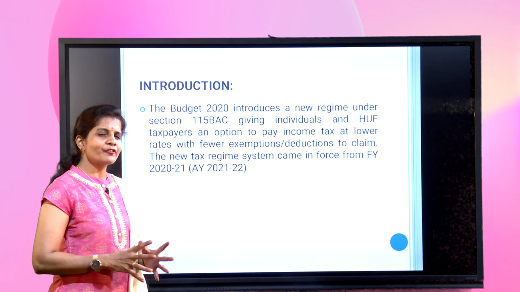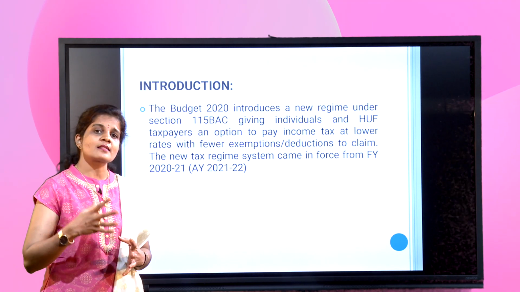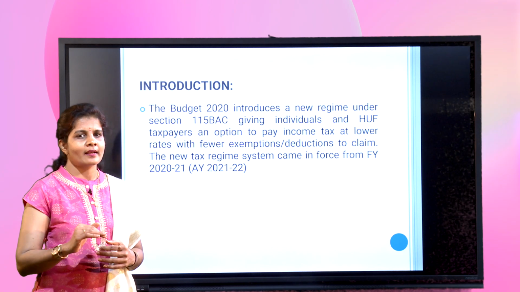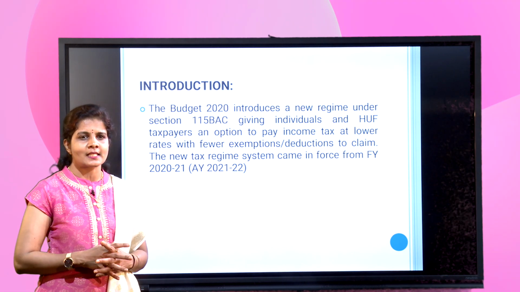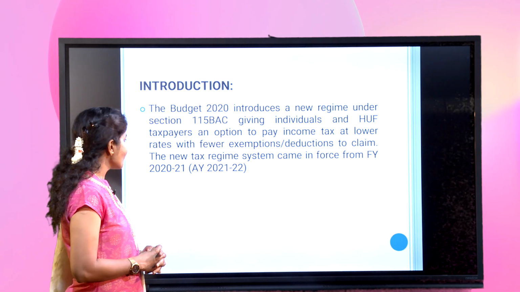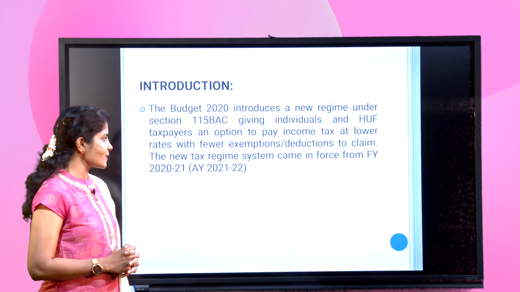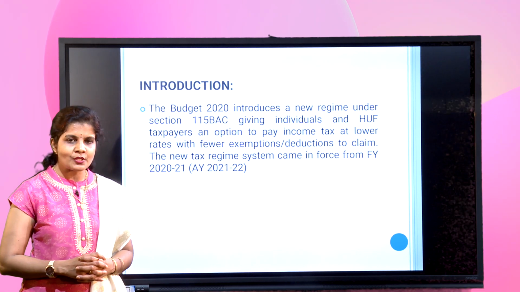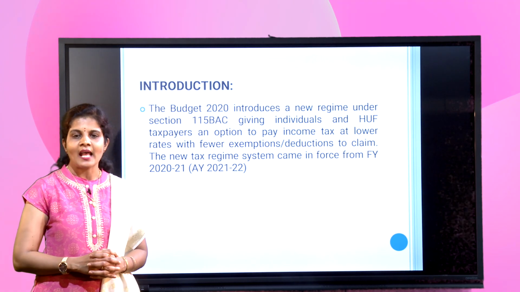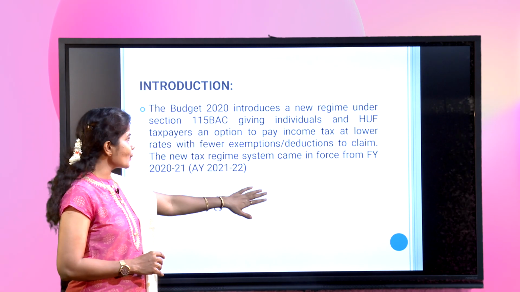Earlier we had various deductions and exemptions, but now you pay very less tax with very minimal exemptions and deductions to claim. That is called the new regime of the taxation system, which came into force from the financial year 2020-21. As I said, it was introduced in the Union Budget of 2020.